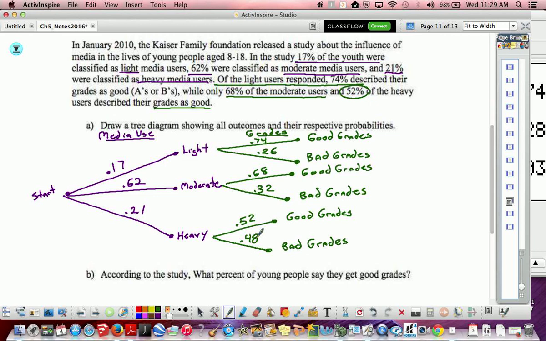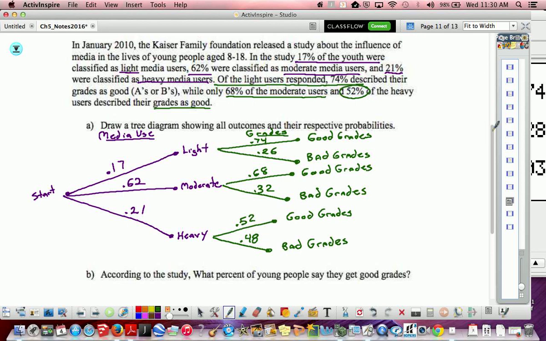Now, one of the things that's going to be helpful here is we're going to take a minute or two and do some calculations. So what I can do is say, well, what's the probability that a light user has good grades? If I randomly picked a person, what's the likelihood that they are a light user with good grades? Well, what I can then do is follow the branches and multiply these two probabilities together.